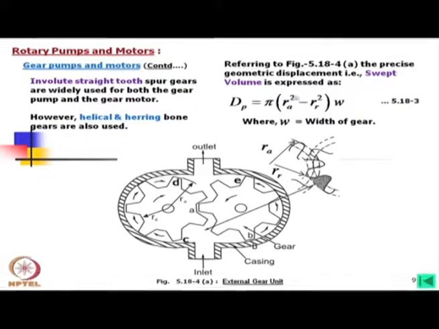So, this area we take as pi (RA square minus RR square) into the width of the gear. Roughly it is equal to RA square minus RD square into pi, the total area. Now, that divided by 2 is the oil being transmitted by one gear, and again as there are 2 gears we multiply by 2. So, divided by 2 and then multiplied by 2, this gives this annular area.